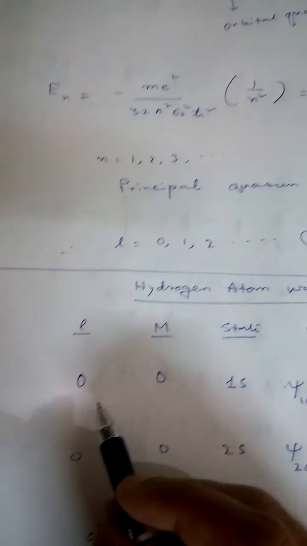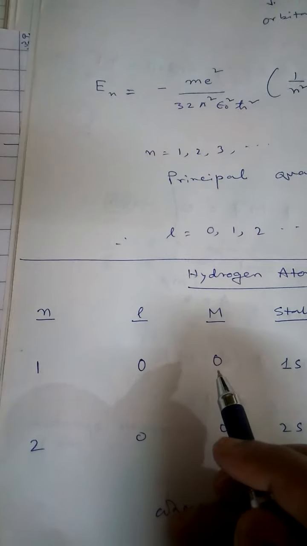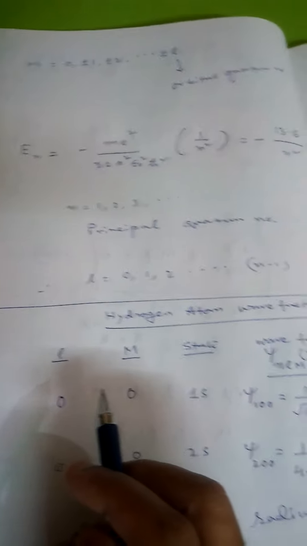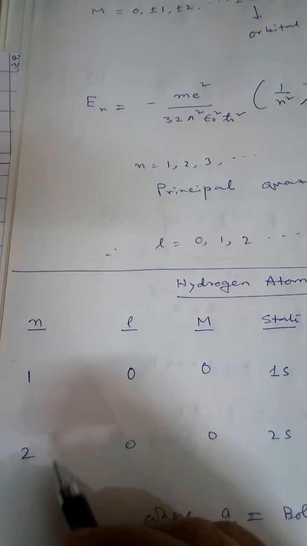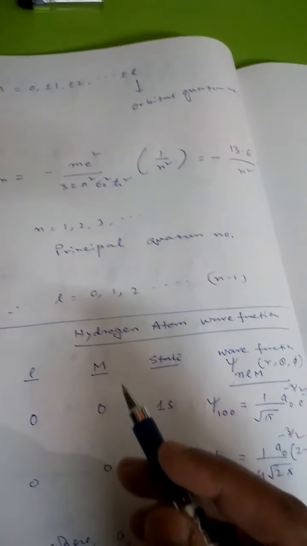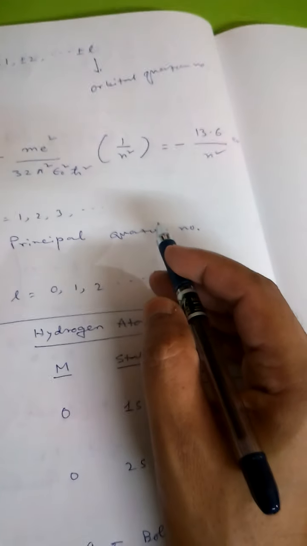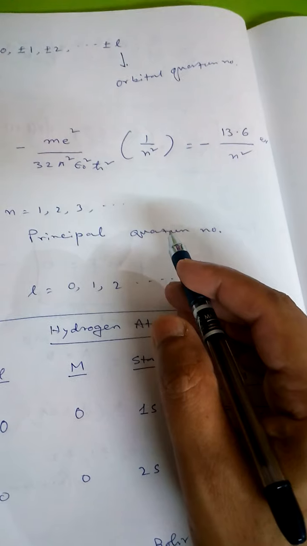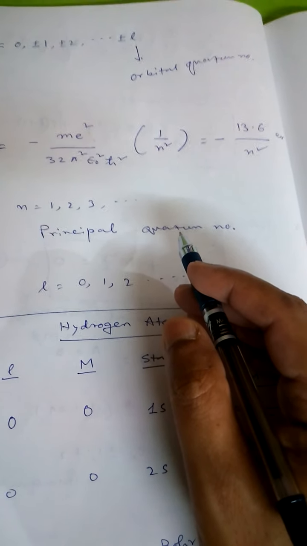It may be possible, n 1 0 0 or others. Okay, it may be 2 0 0, it may be 2 1 0, 2 1 1 or other values. So it is possible to have two or more wave functions having the same energy eigenvalue.